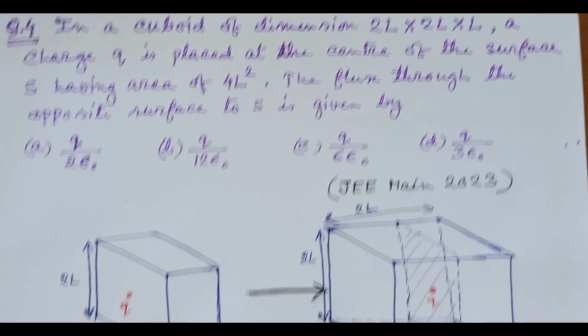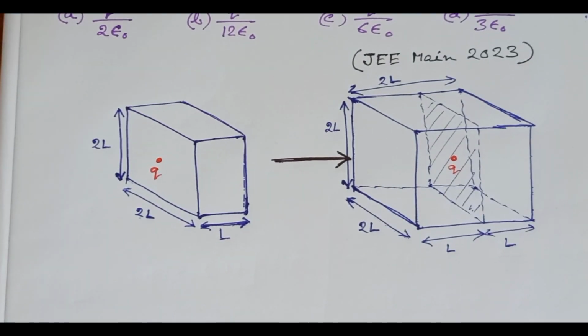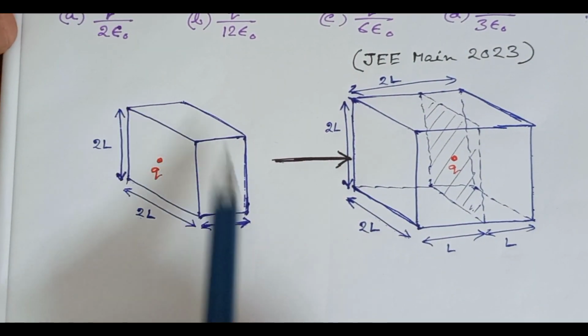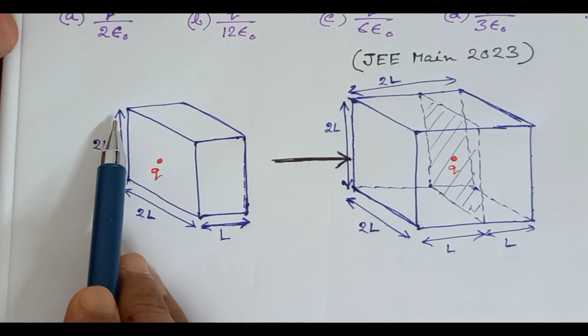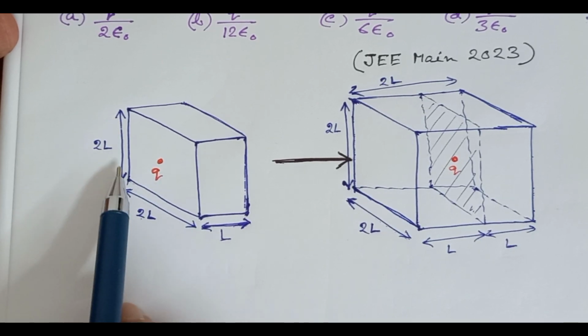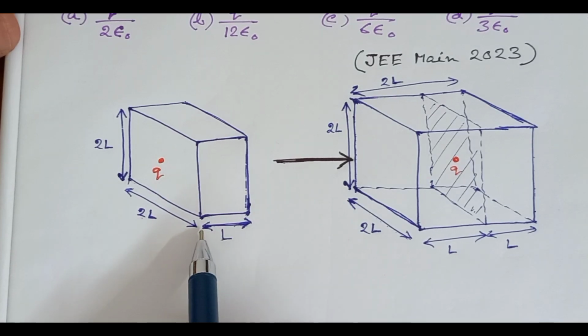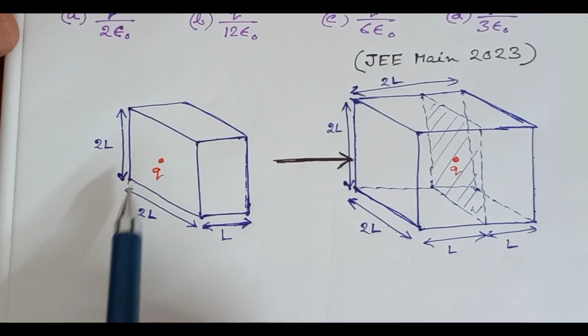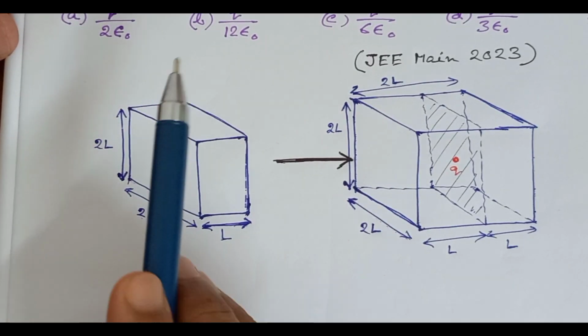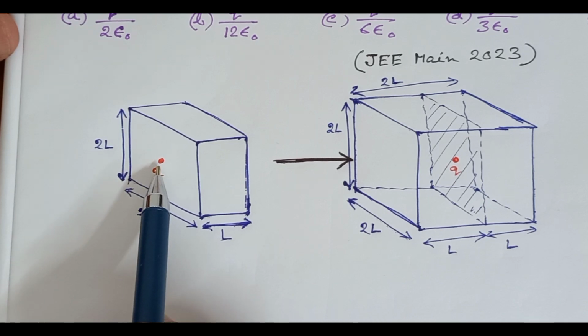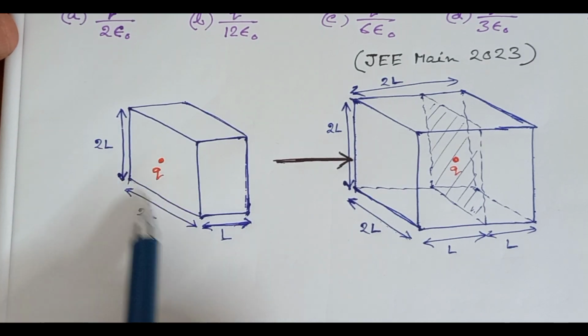Now look at the figure. This is the cuboid. The surface here has the sides 12 by 12, and this side is L. Suppose the charge, according to the question, is situated on the surface here.